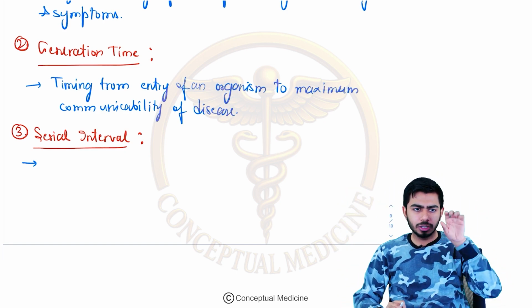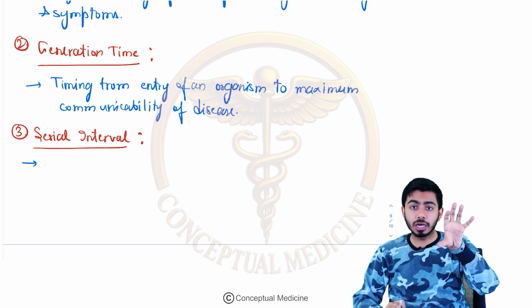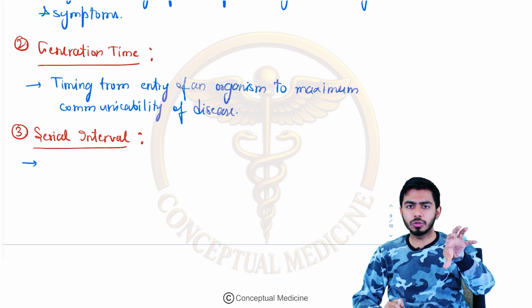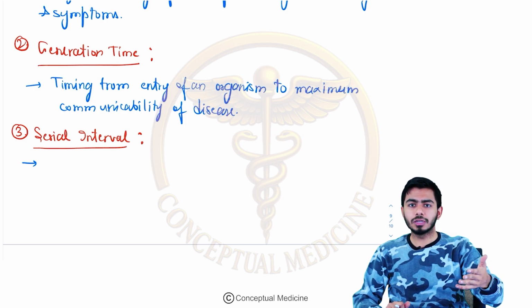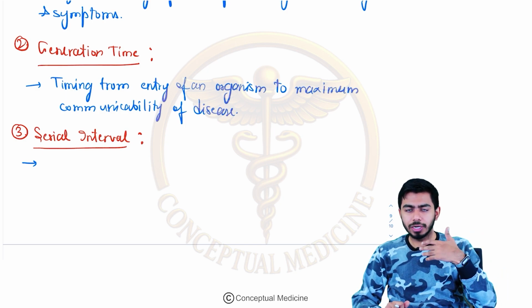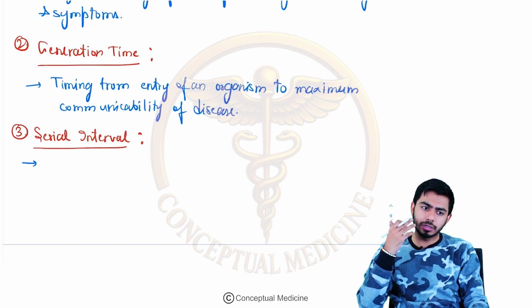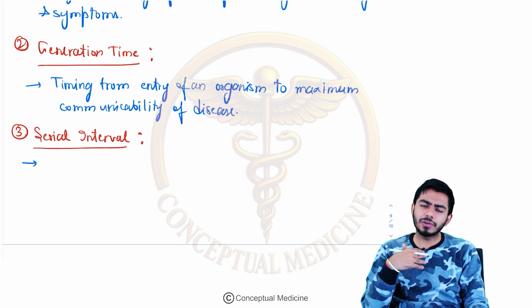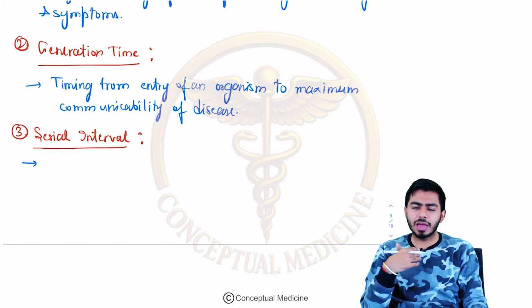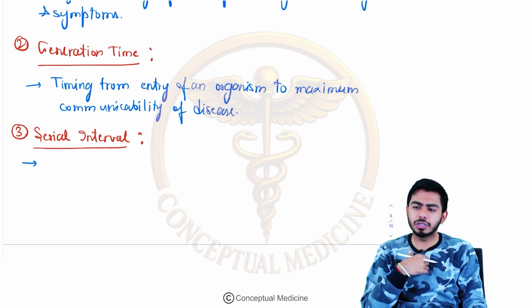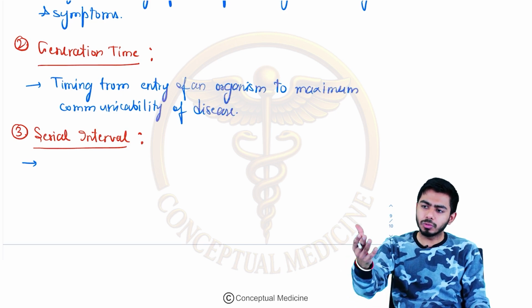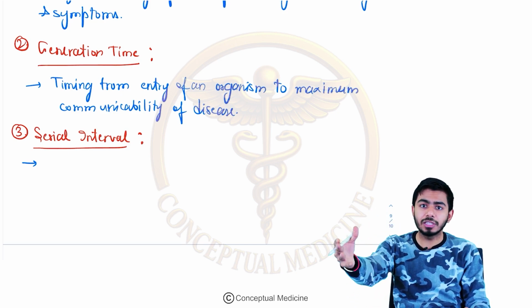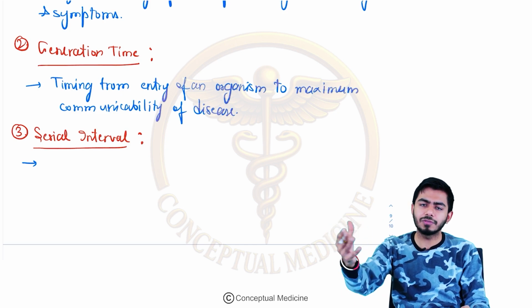What was the primary case? The first case which comes into the community, which has been introduced into the community. What was the index case? The first case that an epidemiologist or a physician identifies, that will be the index case.